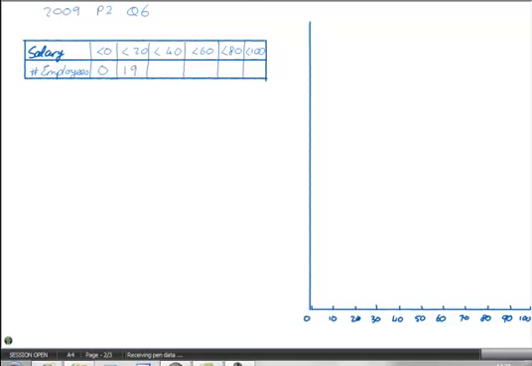Then you're going to say 19 plus another 20, that's 39. Then you're going to add on 29, 68, and then 7. That brings you up to, have I made a mistake there?